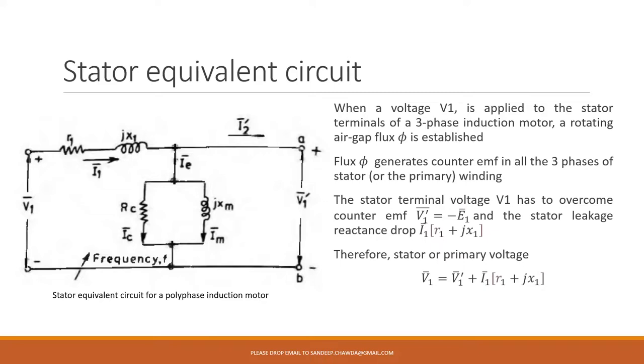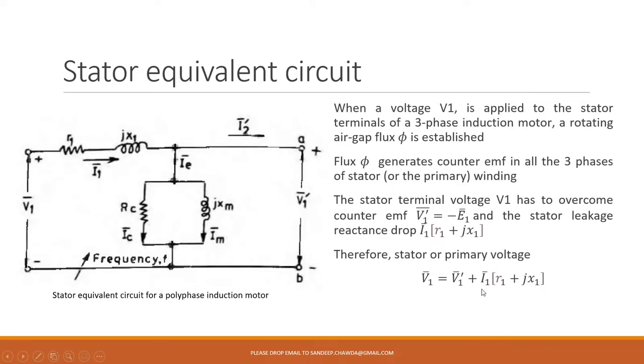And the stator terminal voltage V1 has to overcome the counter EMF, minus E1, and the drop across the leakage impedance, that is, the sum of leakage resistance and leakage reactance. So we have this expression.